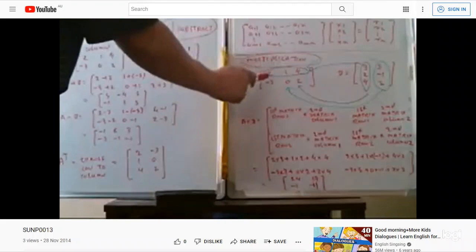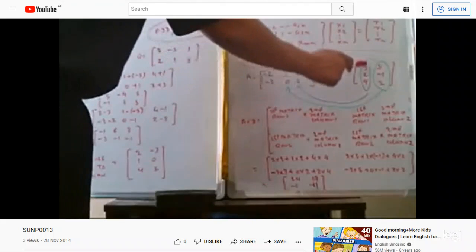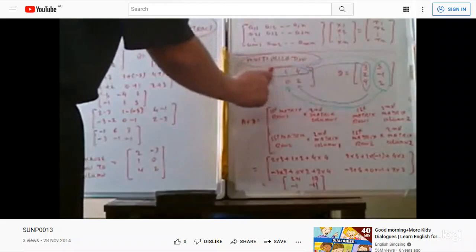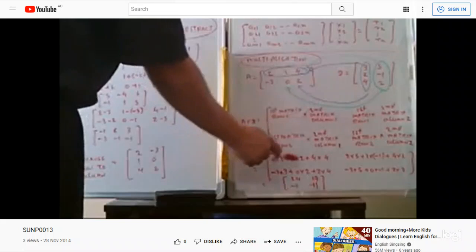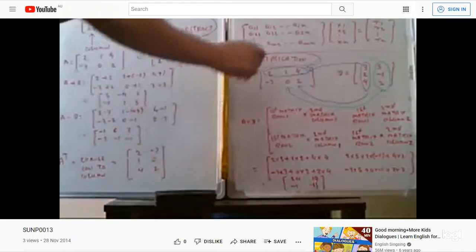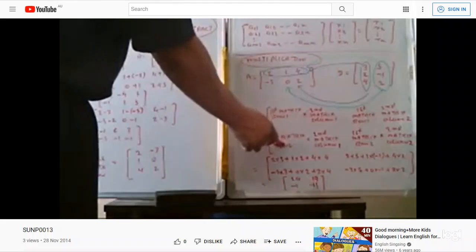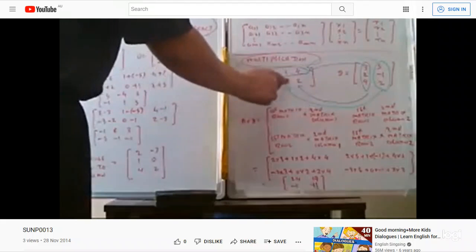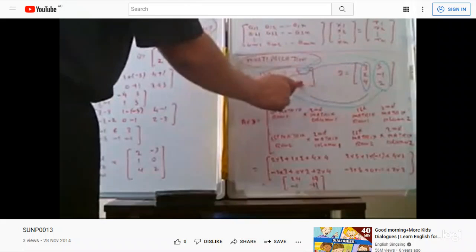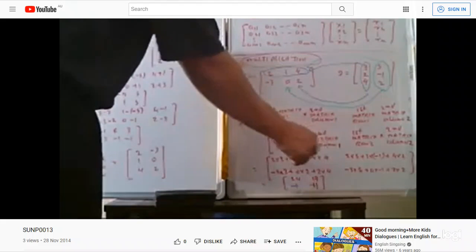So the first matrix row 1 is 2, 1, 4, second matrix 3, 2, 4 is multiplied. So this is 2 into 3, 1 into 2, 4 into 4, all added together. And first matrix row 2, minus 3 into 3, 0 into 2, 2 into 4, we place it here.